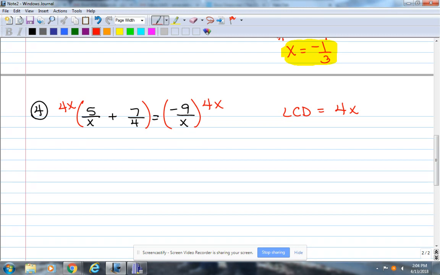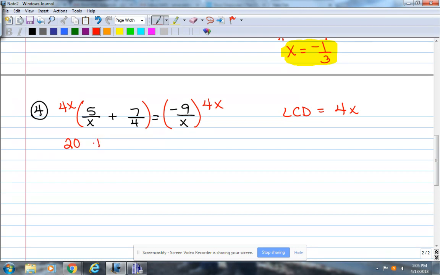It already has an x in the denominator. Y'all see that? So all you have to multiply times the numerator is the 4. So you take your common denominator, and whatever part it already has, you multiply by the other part. So what is 4 times 5? 20. So write down 20.